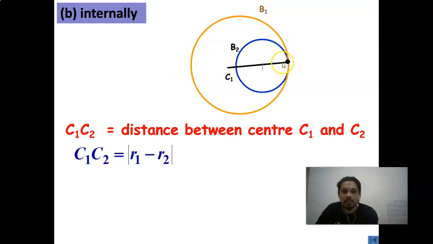This is C1 and C2. The radius R1 is the radius from this center point to this point, which is longer than the radius R2 from C2, from this center point to this point here.